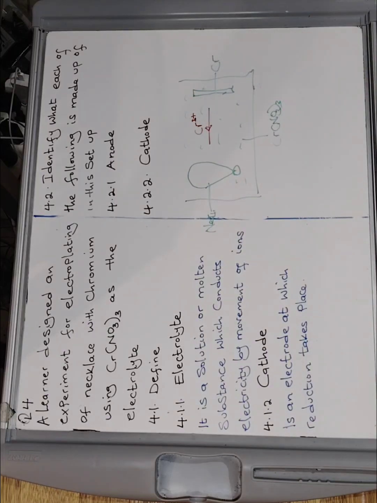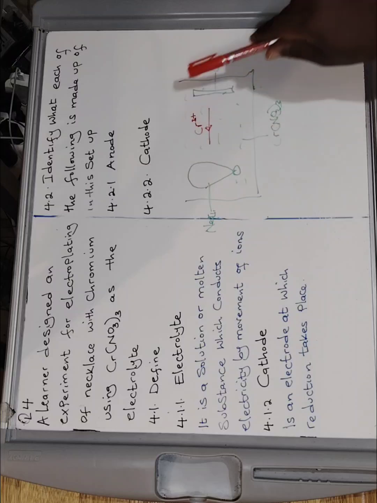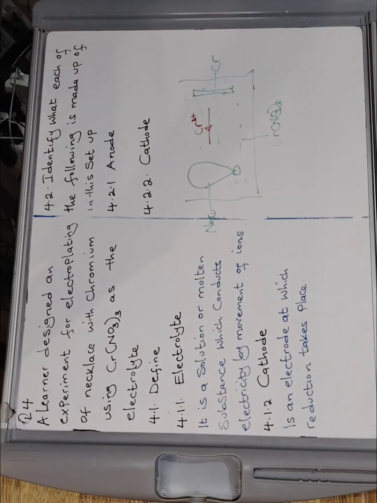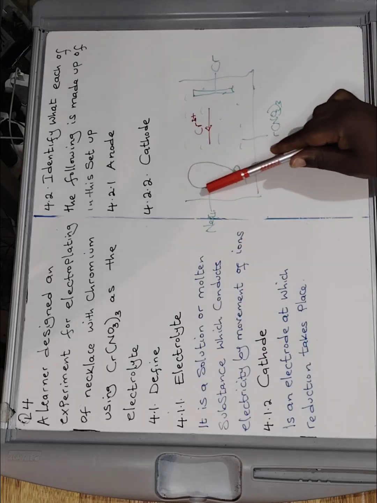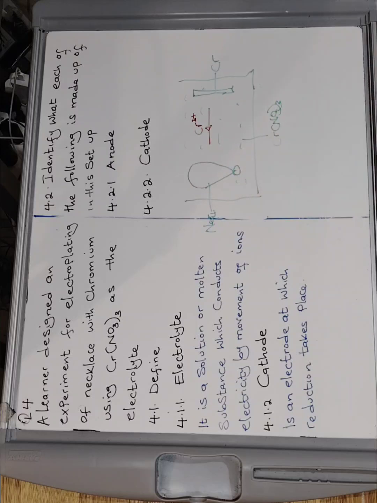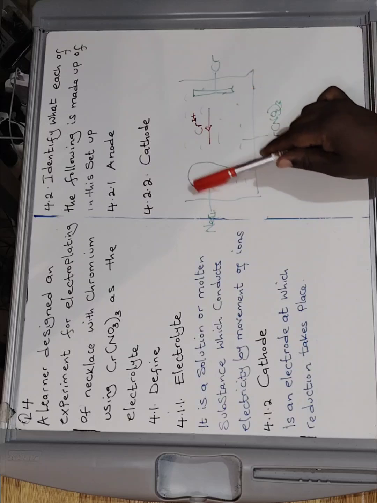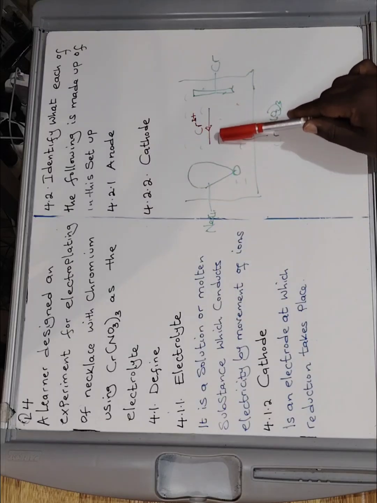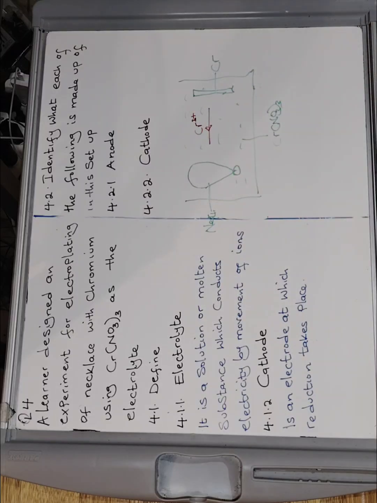Now I want you to know that this arrow gives you all the information you need about electroplating. You have to remember, what is the purpose of electroplating? It is for the metal to be coated here on our necklace. So whatever you want to coat here, the ions are moving towards it from the other electrode.